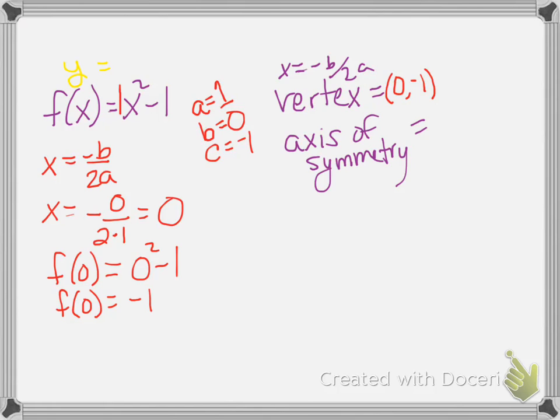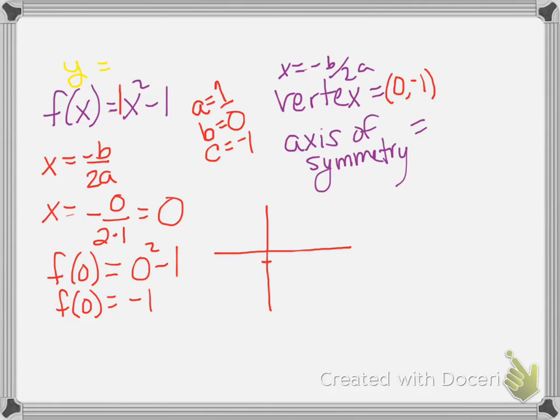How do you find the axis of symmetry from that? Think about this. If I graphed this, and I told you that if A is positive, it opens up. And this opened up, and the vertex was 0 for the x and negative 1 for the y.